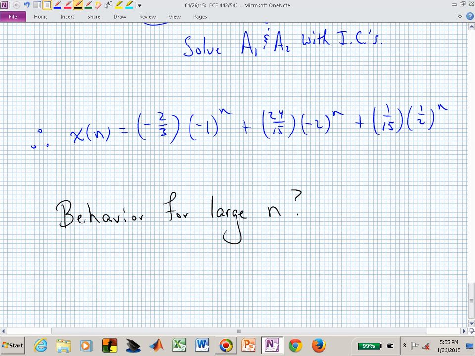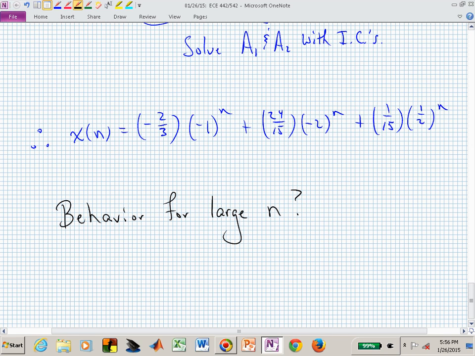You have one term that has minus 1 to the n, and if you just had that, you would just be oscillating back and forth, wouldn't you? As n evolved. Bang, bang, bang, between the same value. But you not only have that, but you also have this minus 2, which is, where is that relative to the unit circle? It's outside, isn't it? It's big relative to the unit circle, and it's going to start growing, maybe not monotonically, it may be oscillating too, which it will be doing since it's a negative value. What's that third term doing?